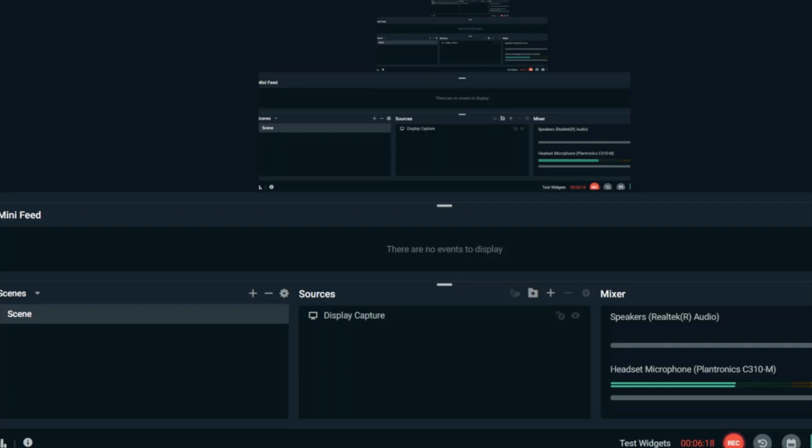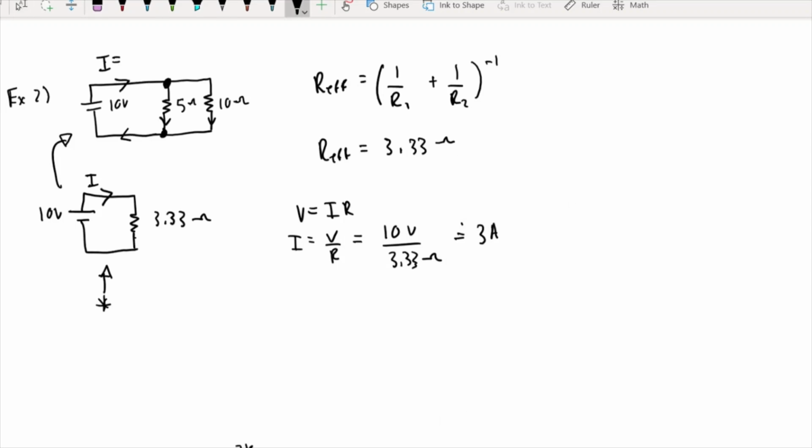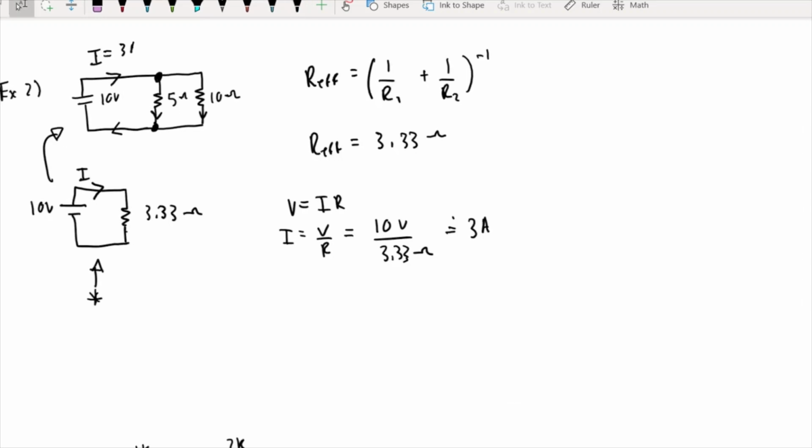That's the current you solved for. So which current does this correspond to in the circuit we have above? That is this current right here. So we know that this current is equal to 3 amps.